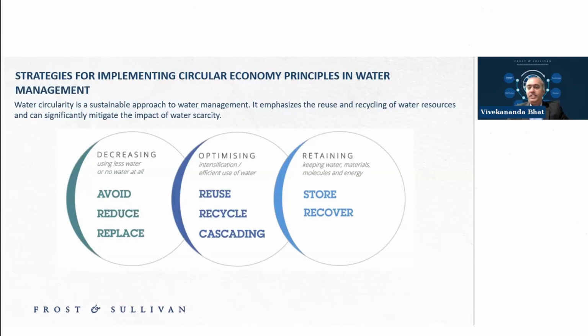Then we have the very important recover. Recover is nothing but the waste to wealth technique. There are innovative wastewater treatment techniques available in the market today, wherein you can recover useful nutrients after treatment, and also generate energy from the wastewater.